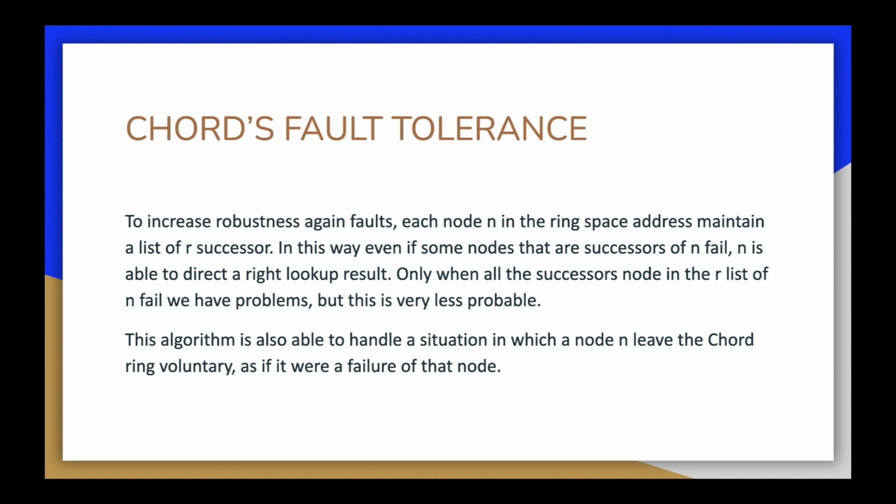For what concerns fault tolerance, so for increasing robustness against faults, each node maintains a list of a certain number of successors in this ring. We can have a wrong lookup only when all the successors in the successor list fail, but it is very improbable that, for example, 10 successors fail at the same time.